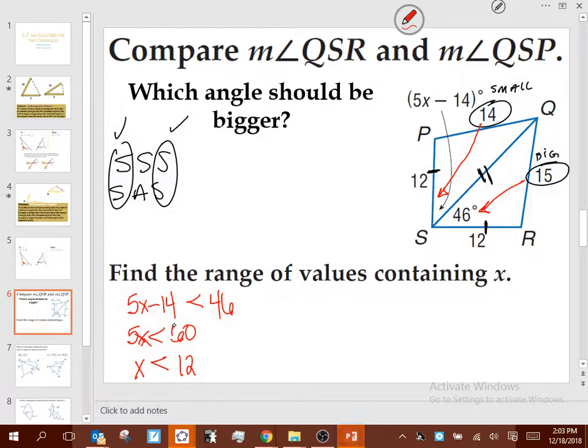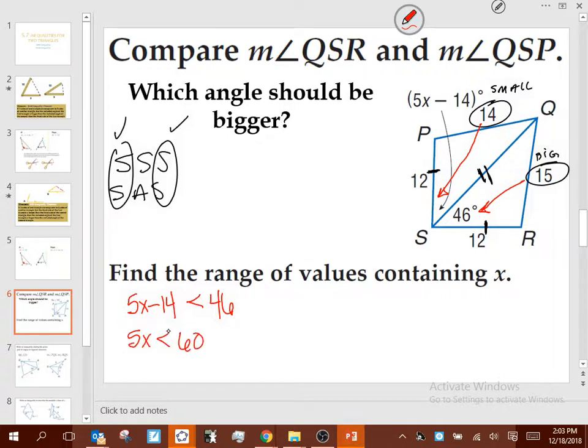And now we have values for x. I didn't divide by a negative, though. Okay. We'll start over at the beginning. Yeah, 5x minus 14 is less than 46, right? Add 14 to both sides.